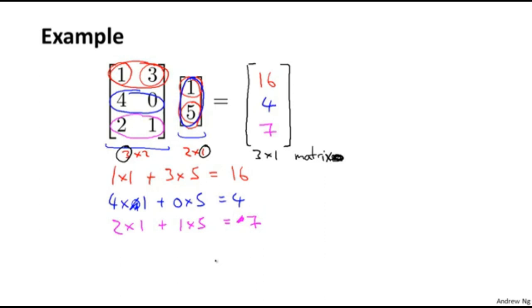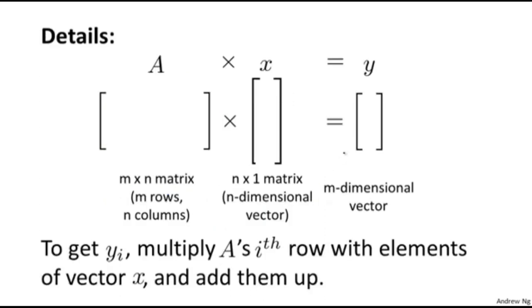a vector looks like. Here are the details of how to multiply a matrix by a vector. Let's say I have a matrix A and I want to multiply that by a vector x. The result is going to be some vector y. So the matrix A here is an m by n dimensional matrix, so m rows and n columns, and I'm going to multiply that by an n by 1 matrix, or in other words, by an n-dimensional vector. It turns out this n here has to match this n here.